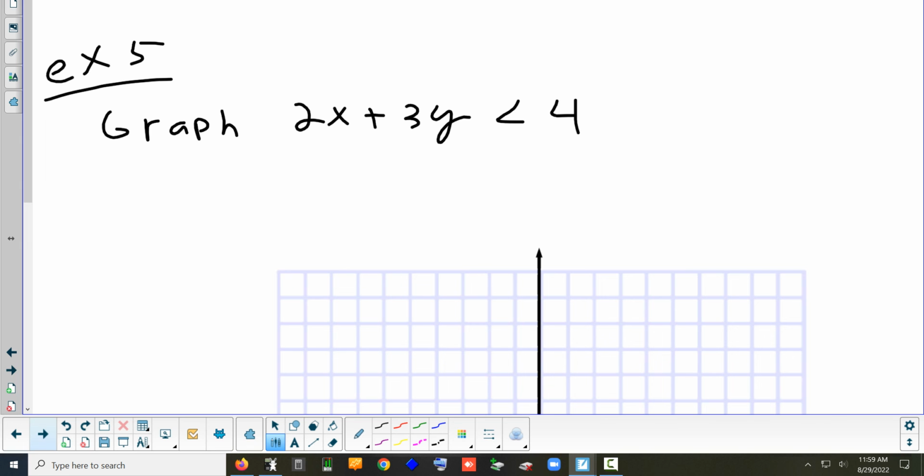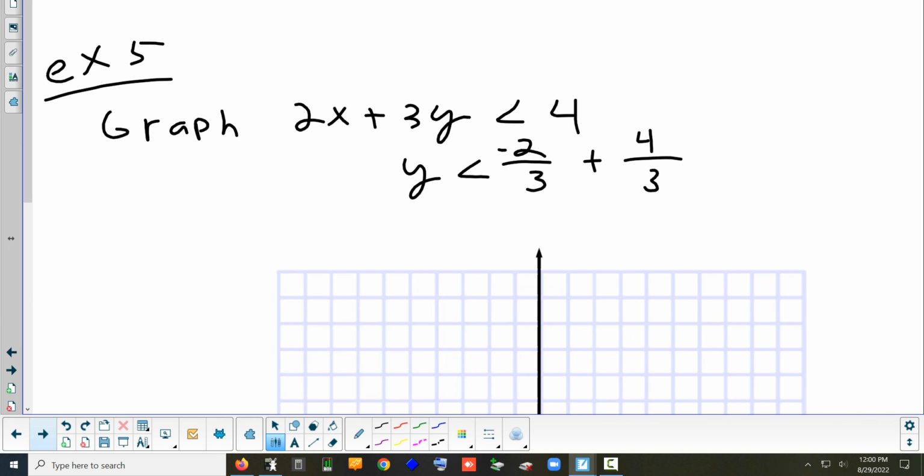Get it in y equals mx plus b. So y is less than, what would be my slope? 2. Yeah. So you're going to bring that x to the other side, it becomes negative 2, and then you're going to divide by 3. And my y-intercept? 4 divided by 3 also, right?